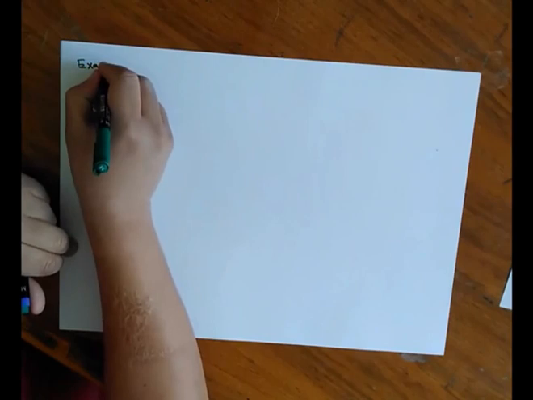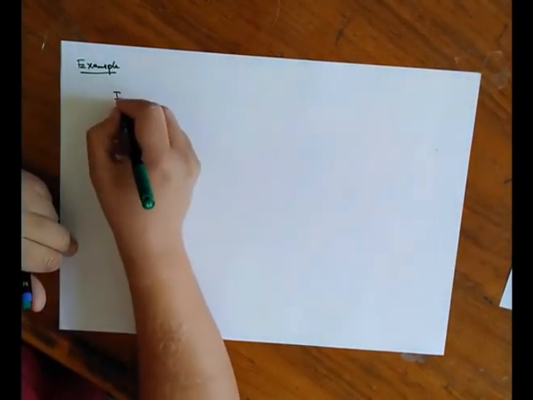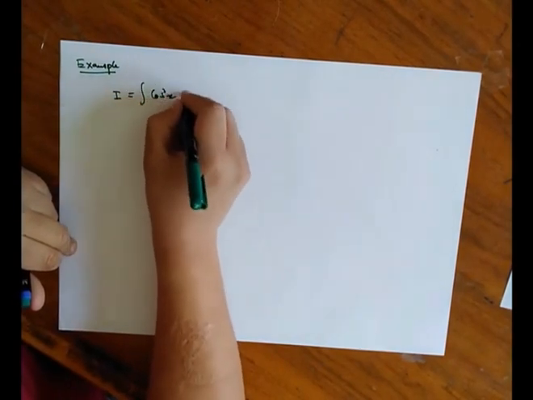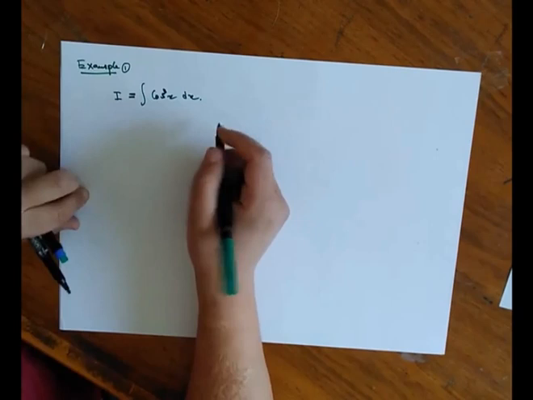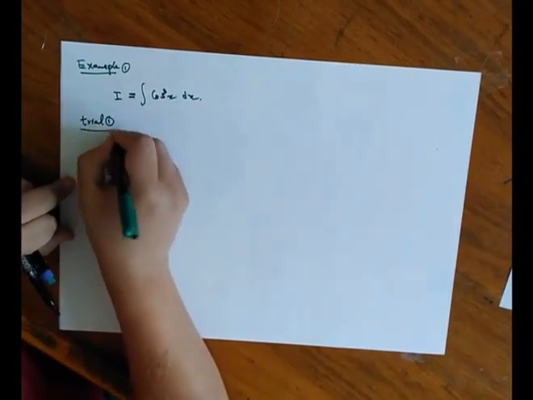So let's see some slightly harder examples. We're going to begin with this one. Example: we want to evaluate the integral of cosine cube x dx. So let's see our first trial.